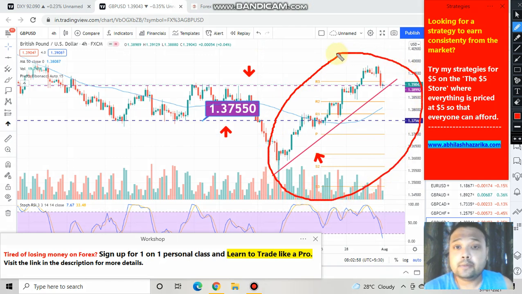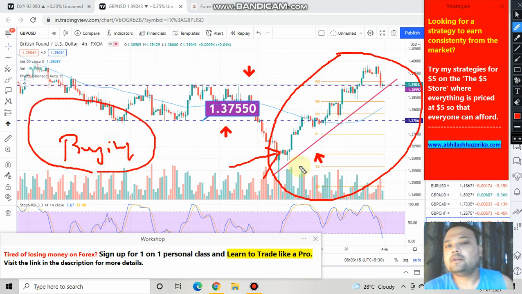GBP is extremely bullish, and considering the trend of the market, the thumb rule of the market says follow the trend. Trend is your friend, and this trend is an uptrend. Therefore, we should mainly look for buying opportunities, because if you just look at this particular portion of the chart, there should not be any doubt that this market is in an uptrend.